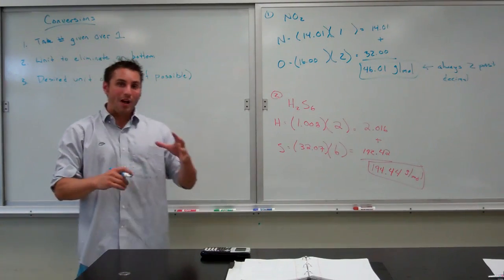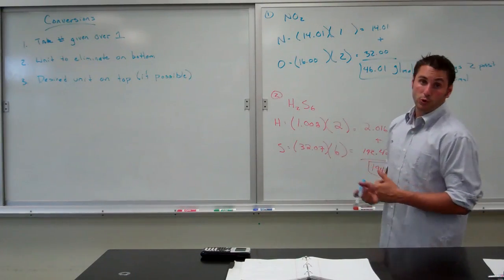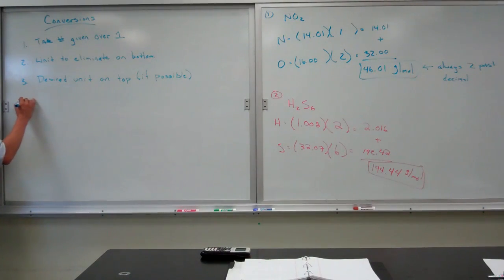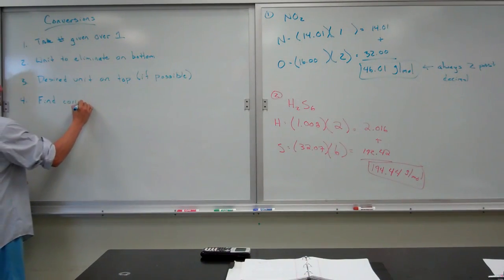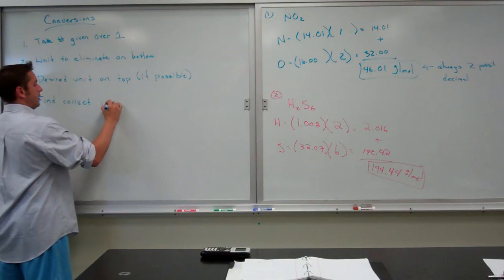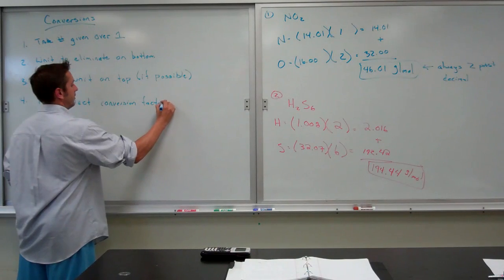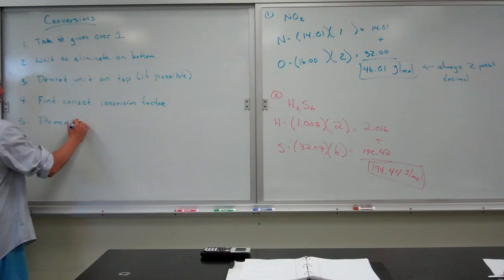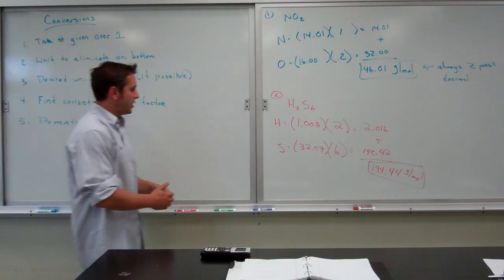And just like we had 1-step and 2-step and 3-step conversions when we did them before, the same holds true when we're converting grams to moles and things of that nature. Step 4, find correct conversion factor. And step 5, do math and sig figs. So there are our 4 or 5 steps to conversions.